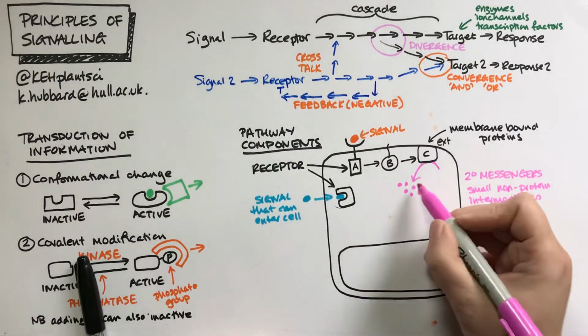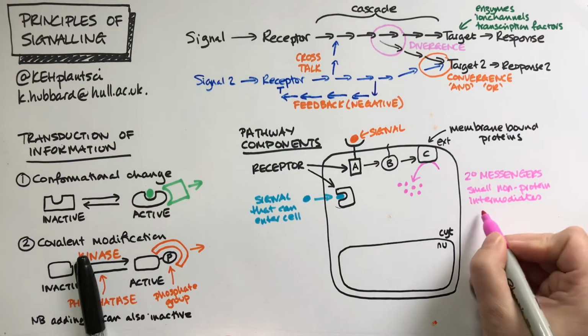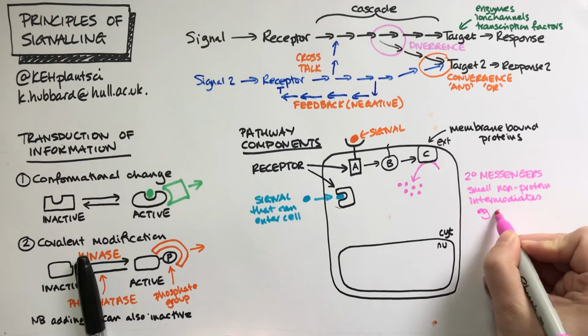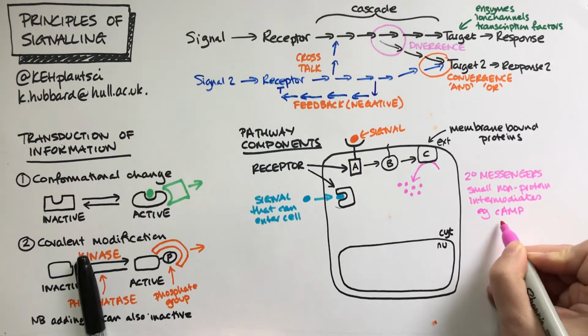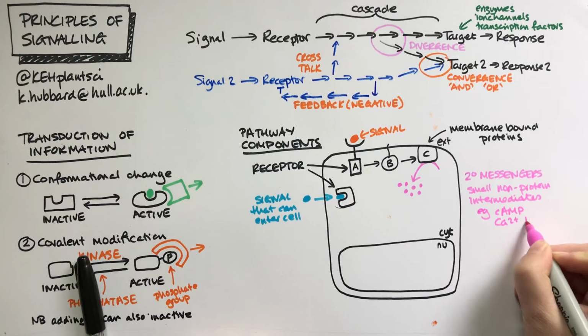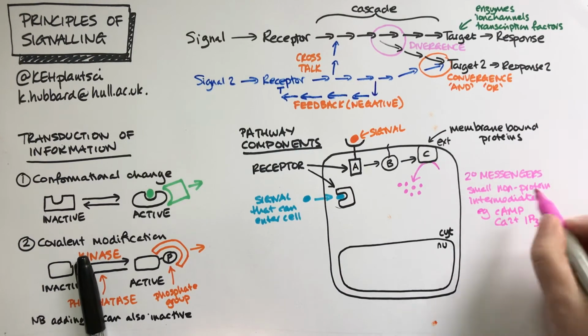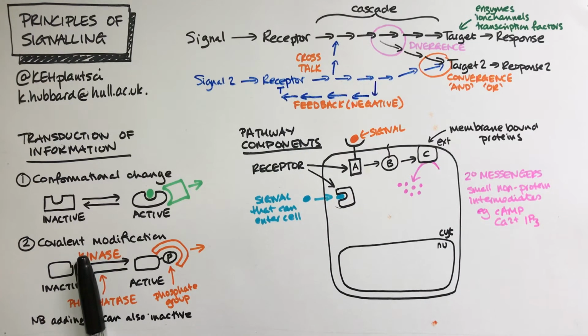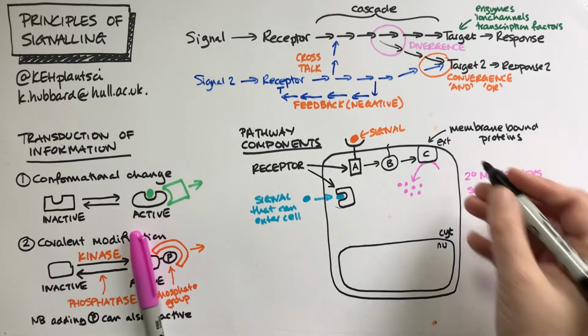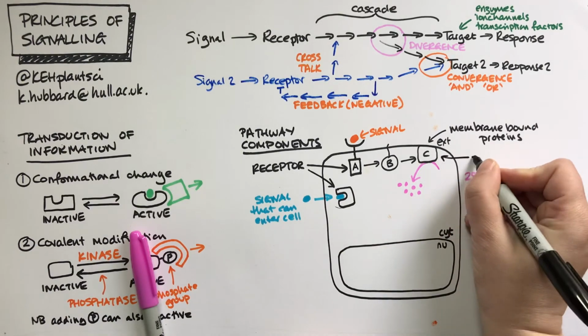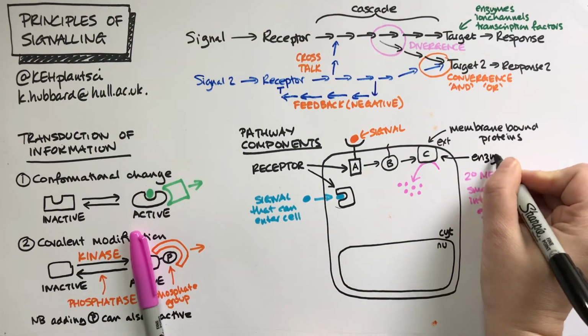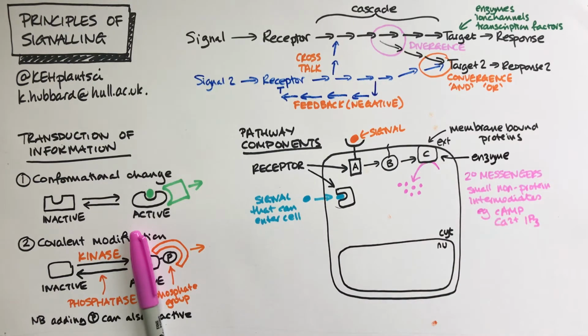So not everything has to be a protein. These are little molecules. So you might have come across cyclic AMP or calcium or IP3. These are not proteins, but they're made in signalling pathways and are equally able to carry the message on. Okay, so C in this case is an enzyme that is catalysing the production of one of these secondary messengers.